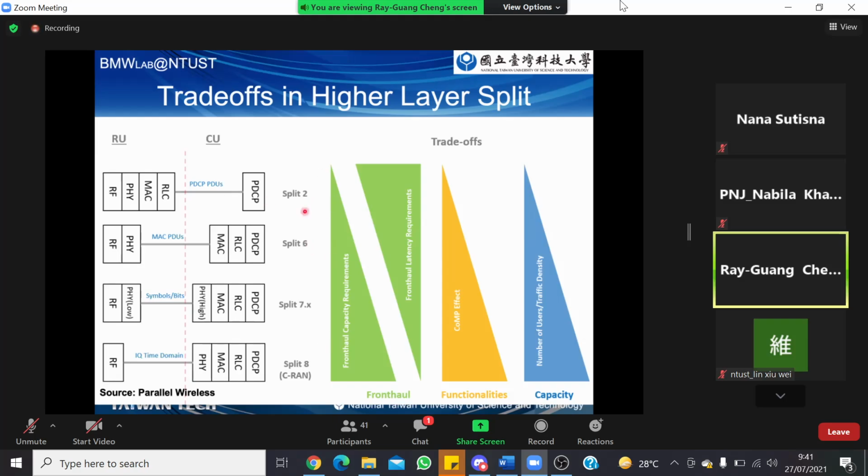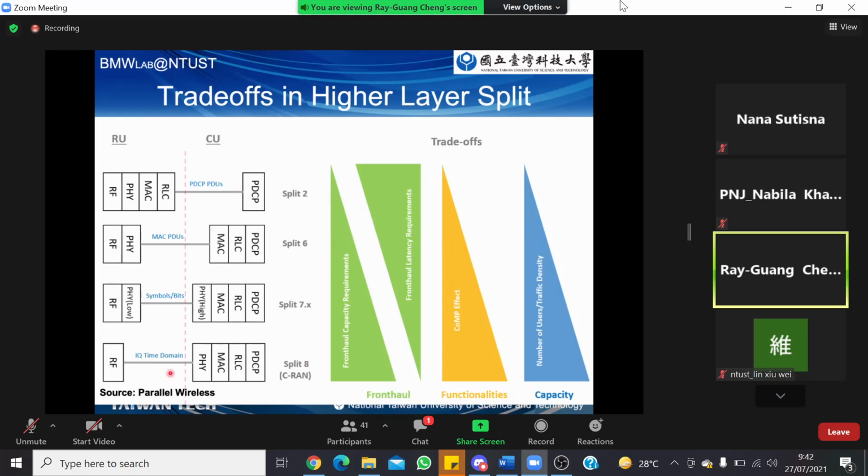If you just transmit data between PDCP and RLC, the data to be transmitted is the PDCP packet. The amount of PDCP packets is small. So from the fronthaul point of view, with a higher layer split, the data rate is smaller.